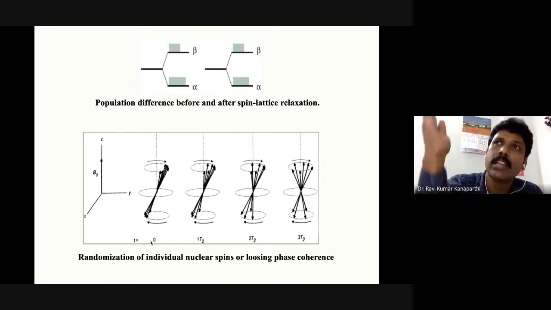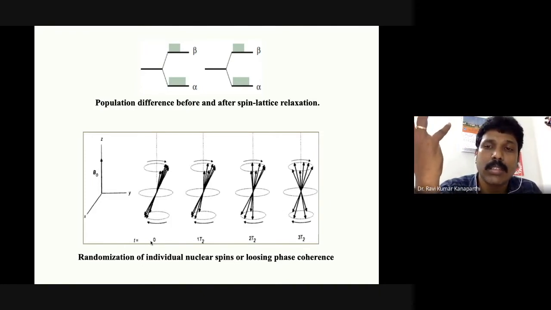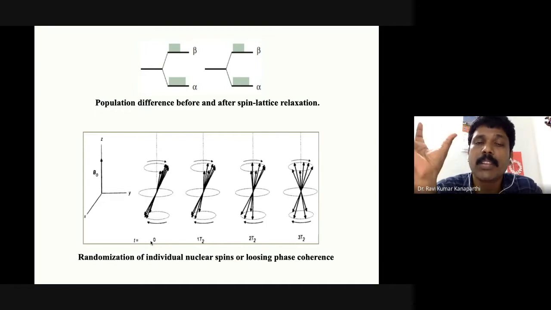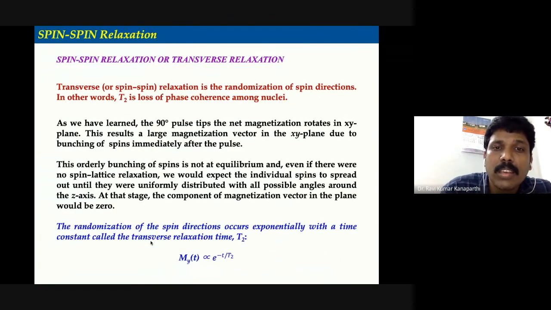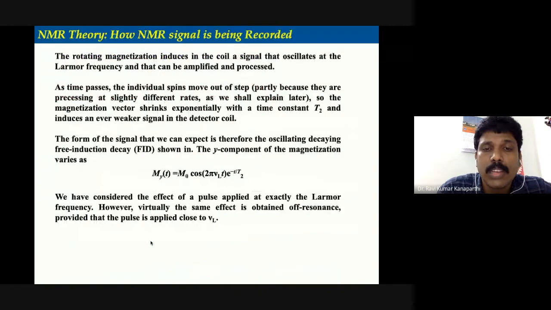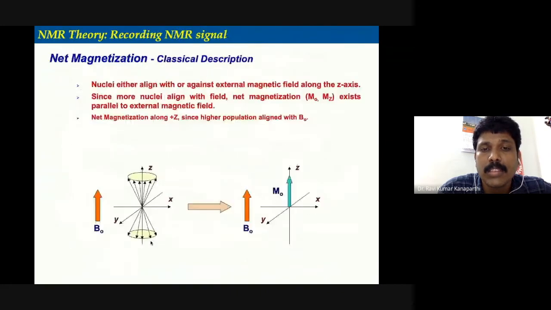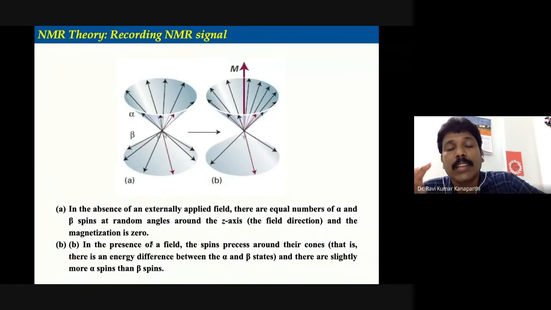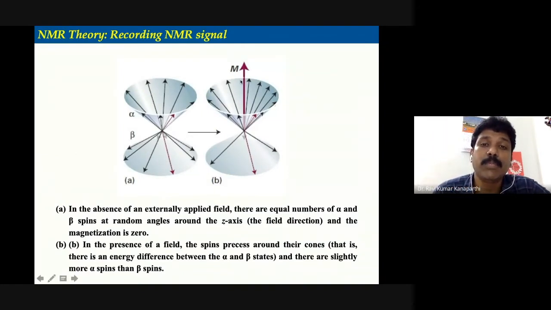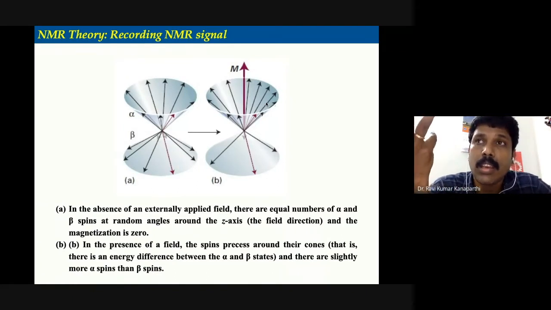But at equilibrium, in the applied magnetic field, the spins are randomly oriented along a cone. If you recall the first or second slide of today's discussion, at the equilibrium position, the individual spins are oriented in different directions on a cone. This is the actual equilibrium position.